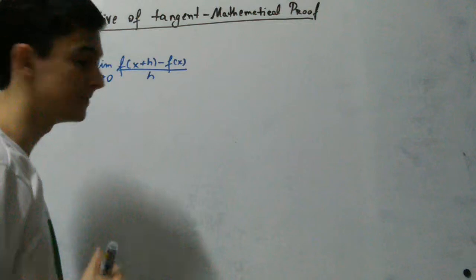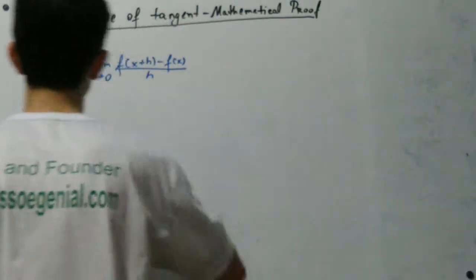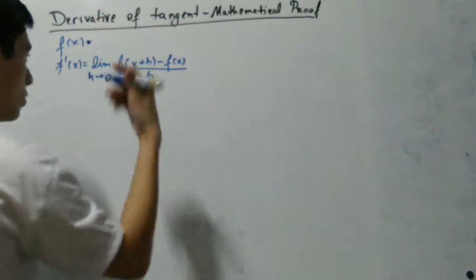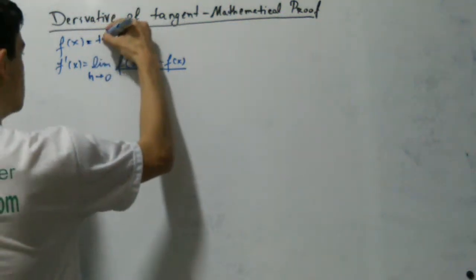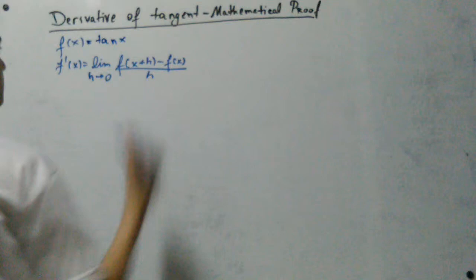And in this video, f of x is the tangent of x, because the tangent of x is the function whose derivative we are trying to prove. So f of x is the tangent of x.